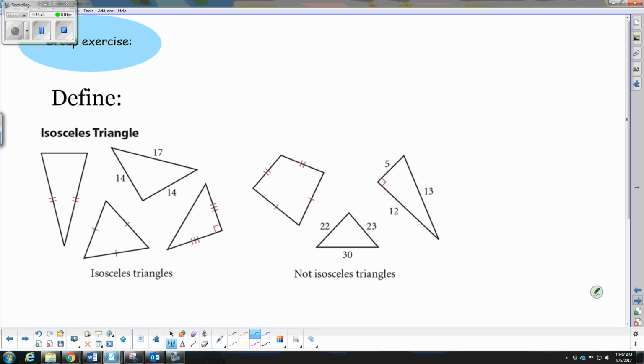Take a minute to look at isosceles triangles, and what do you notice? An isosceles triangle is a triangle that has at least 2 congruent sides.